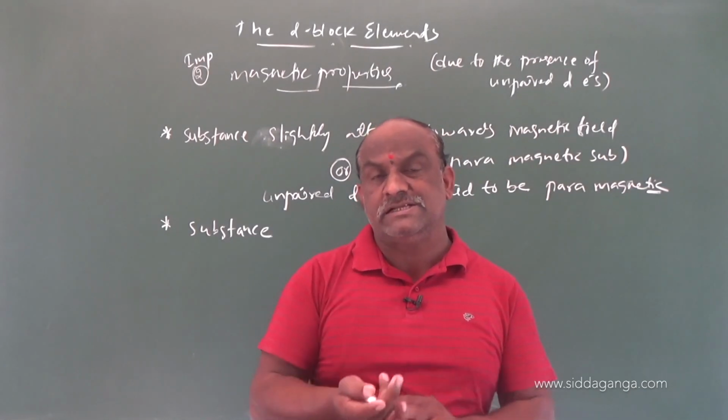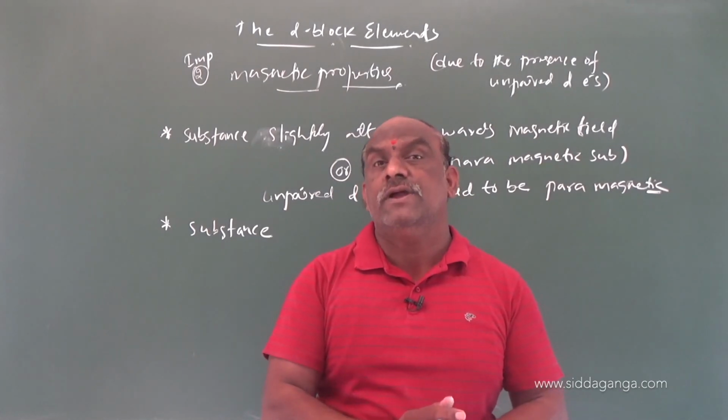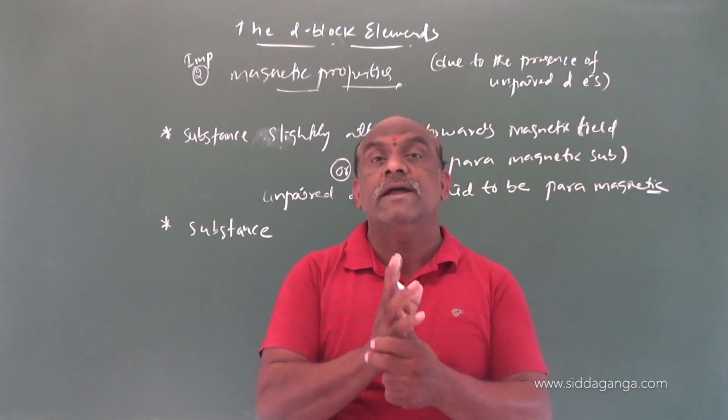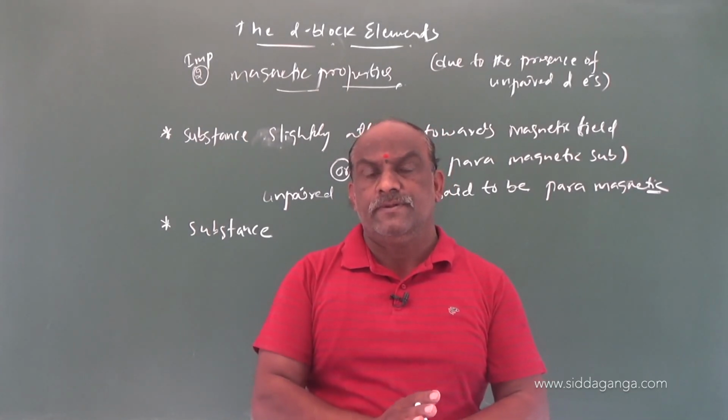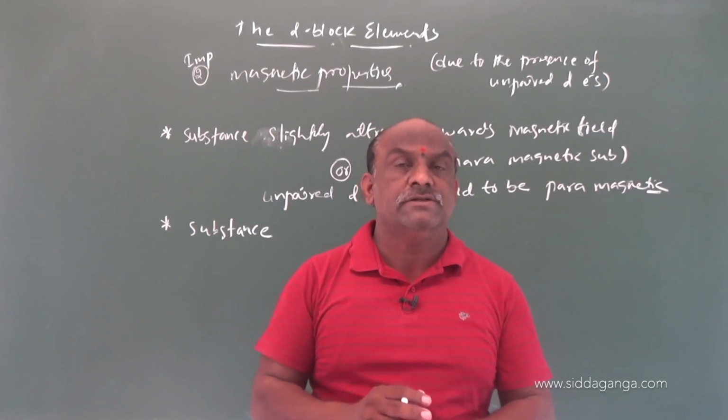Substances which repel with respect to the magnetic field are called diamagnetic substances.